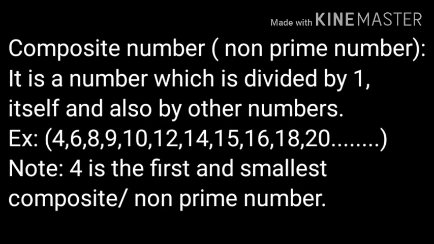Similarly, let us recapitulate about the composite number. It is a number which is divided by 1, itself and also by other numbers. Example 4, 6, 8, 9, 10, etc. And 4 is the first and smallest composite number.